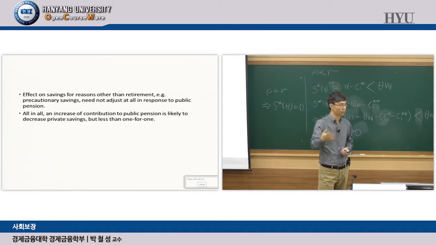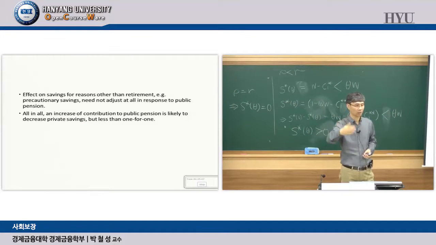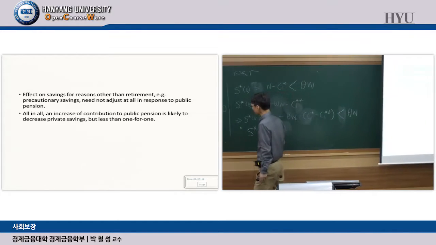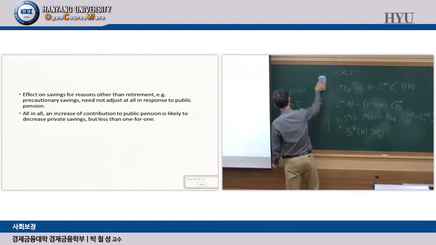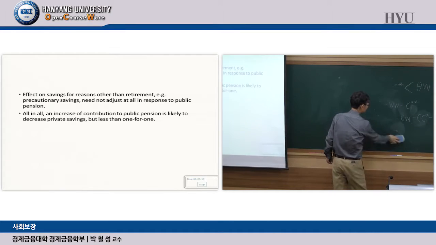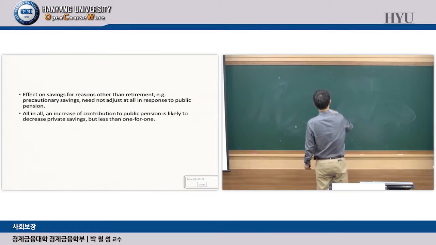So the increase of total saving will be lower. But if the rate of return to pension is smaller than the rate of return to private savings, then the increase of total savings will be higher. So we have all these different interactions in how the public pension will affect private savings and the total savings.